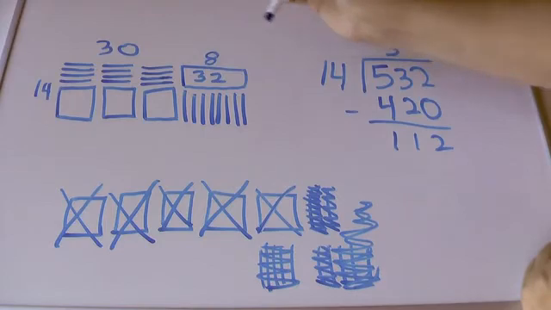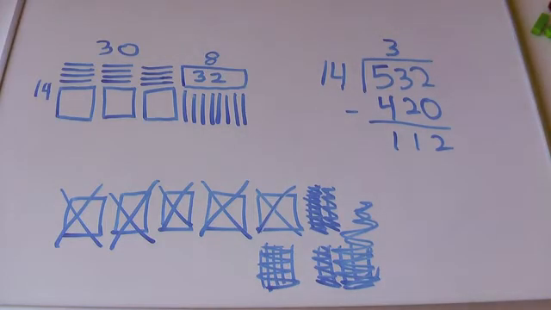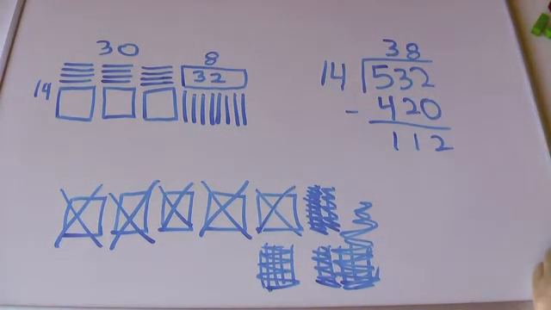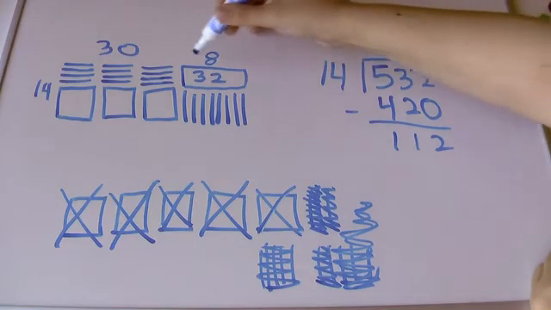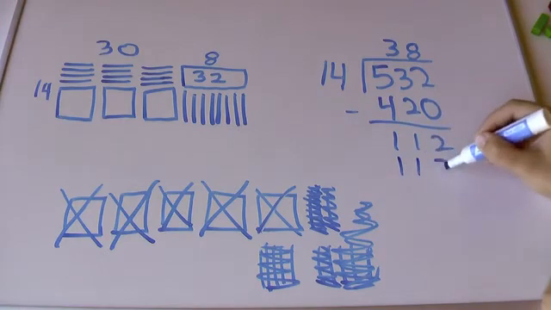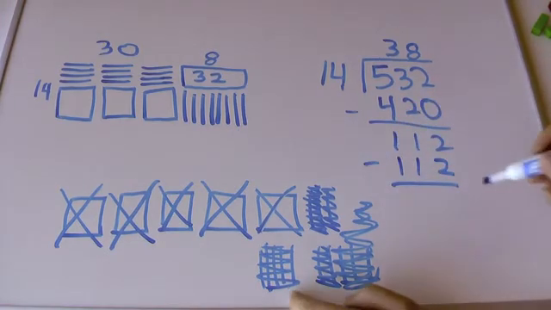Gone across 8. And so I can write my 8 over here. And so how much did I take away from my 112? I took away 14 times 8. See the 14 times the 8? And that is 112. So nothing left.